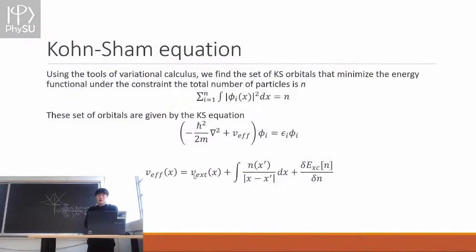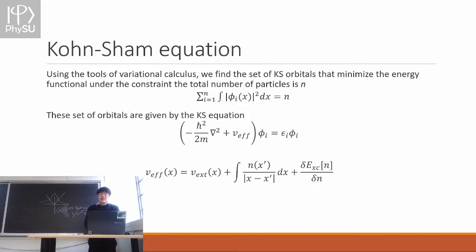It's a sum of the external potential from the atomic nuclei, the mean field from all the electrons, and the exchange correlation functional, or the functional derivative of the exchange correlation functional.